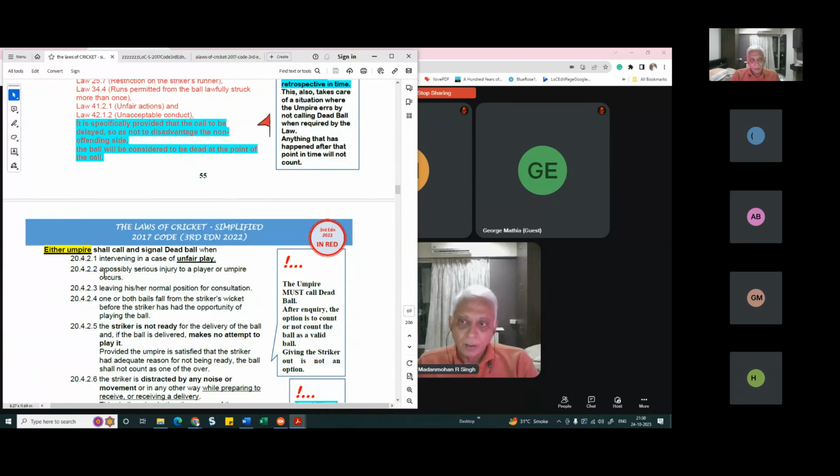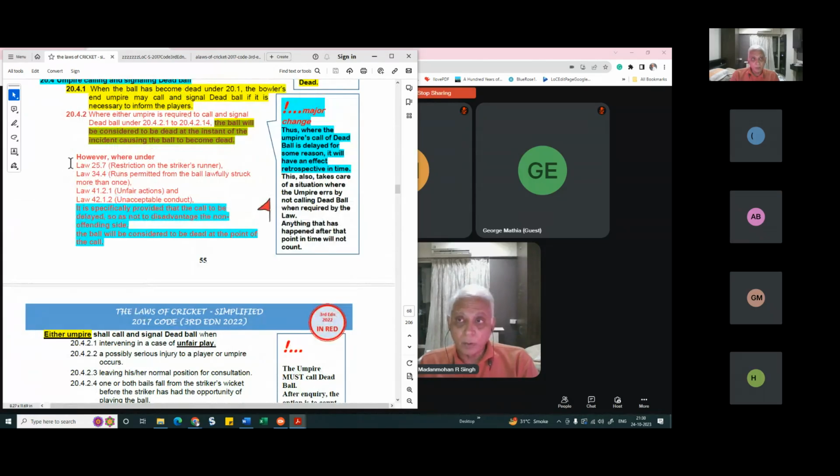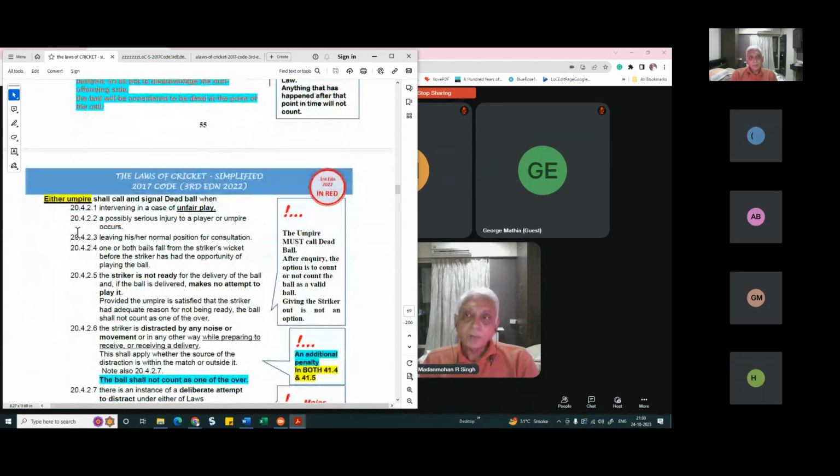When either umpire shall call and signal dead ball, in each case the ball becomes dead from the time of the incident. Remember that. That is what we have been told, except for these four things, where it is possible that there may be an undue advantage or disadvantage to the non-offending side.